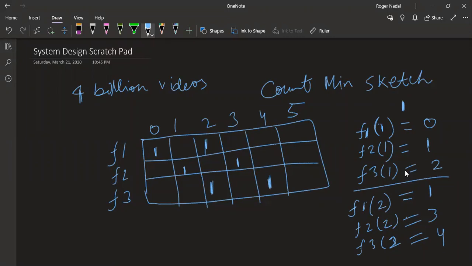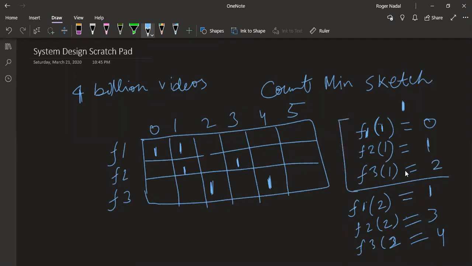Okay, now let's play one of these videos one more time. That's the basic use case, so that we will have a different count. Let me make sure I haven't made any mistakes, otherwise I can make a wrong calculation. So F2 is 3, F3 is 4. Now let's play this video one more time.